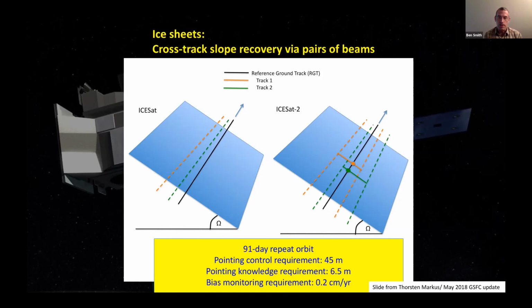Surface slopes could look like elevation changes. With ICESat-2, for each of those three beam pairs, we're measuring two elevations separated by about 90 meters, and that lets you correct for the cross-track slope. It lets you know what the cross-track slope is and infer the elevation of a common point.